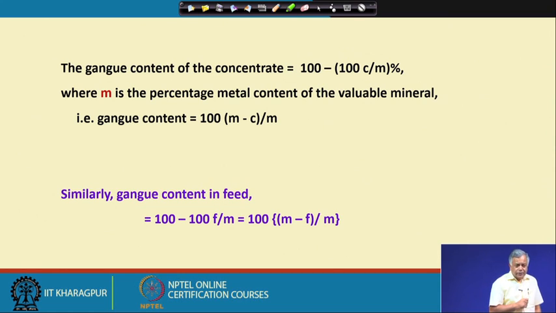How do I calculate it? The gangue content in the feed is equal to 100 minus 100 F by M, because the F grade that we have is not pure hematite. It could be pure hematite if F is equal to M, then there is no need for any processing. So, we can rewrite it as 100 times M minus F by M.